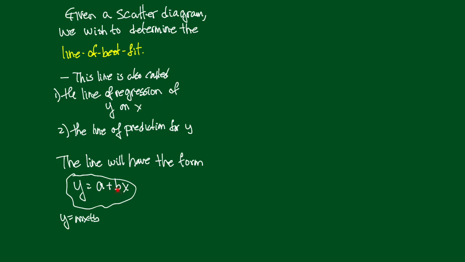So it's just a matter of changing names. Instead of mx plus b, we could write bx plus a, but we're going to write it as a plus bx. I've also seen it written as y equals b naught plus b1x, depending on who you're reading. Just different ways of writing it.